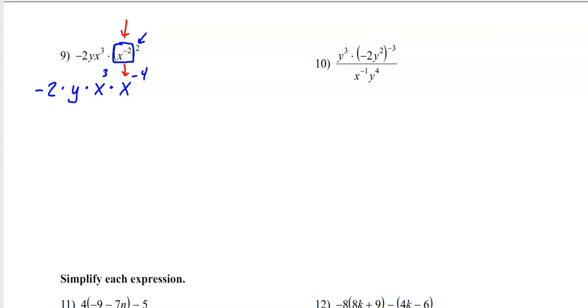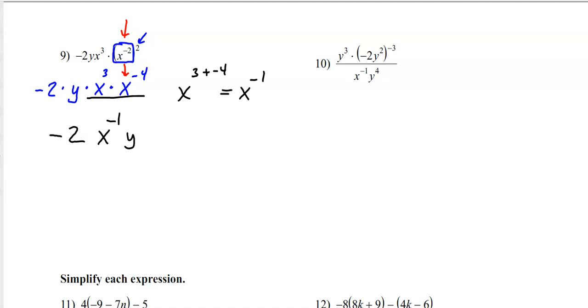Well, now the -2 is just -2. The y is just y. But now when I look at my exponents, I'm trying to do x to the 3rd times x to the negative 4th. We'll just add them. 3rd plus -4. Well, that's going to be x to the negative 1.